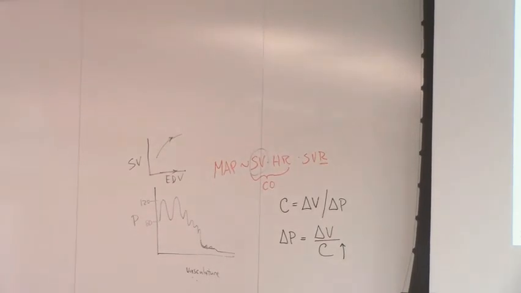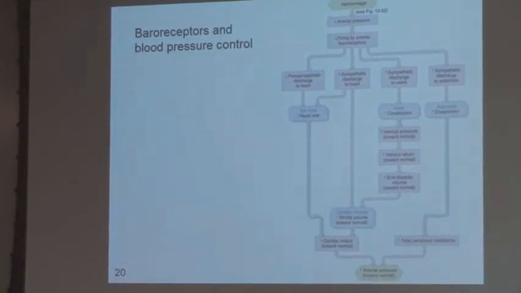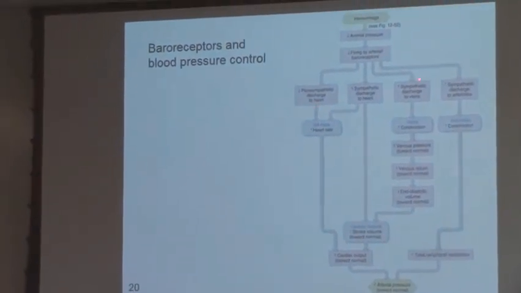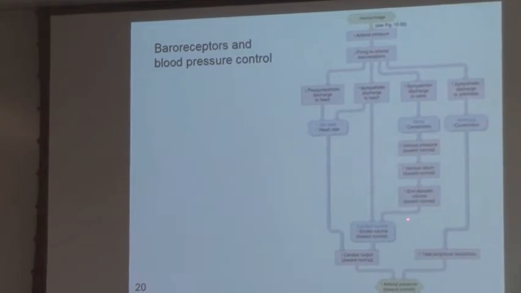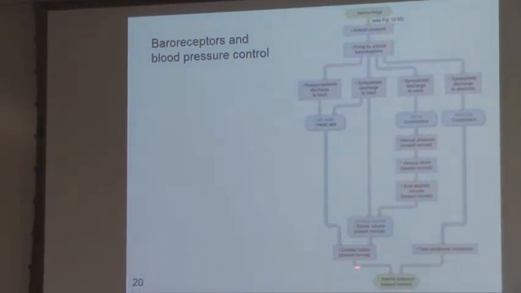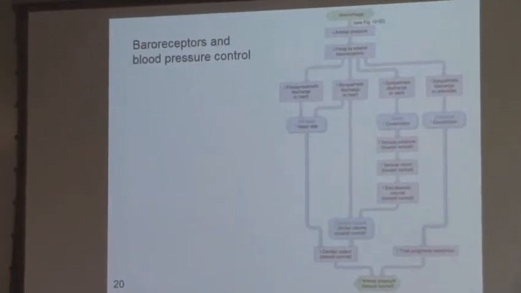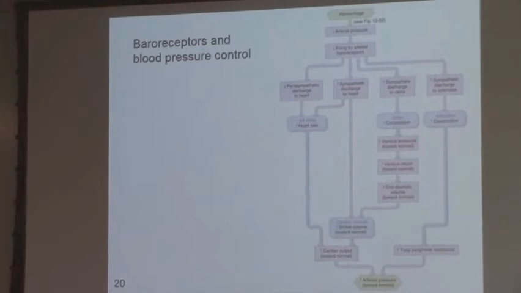And the veins are what control refilling. So I've explained this arrow. So increasing volume, increasing stroke volume, increasing cardiac output. So you should be able to parse this out with the molecular mechanisms that we've talked about in this class.